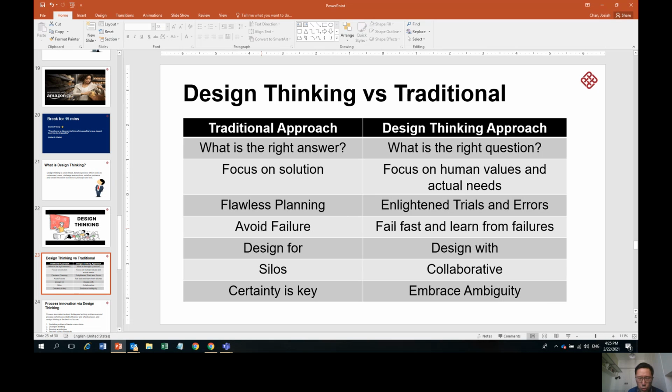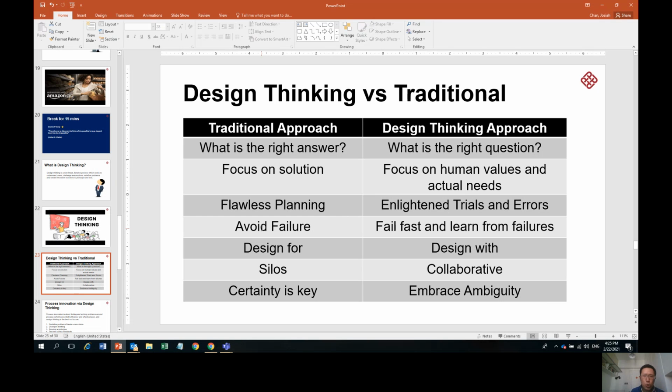The traditional approach is afraid of failure, and the design thinking approach is to fail fast and learn from the failures. If you need to fail, that's all right, but of course you don't spend too much time on something that doesn't work. You fail, it's okay. You learn from the failures, and based on the learnings you have another trial. It may fail again, but that's all right. What are the new things you learn from your second trial?